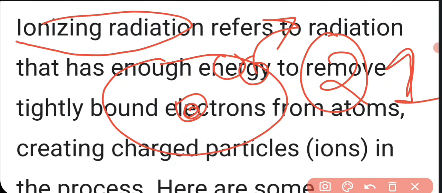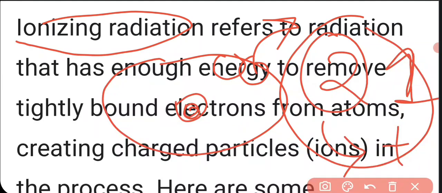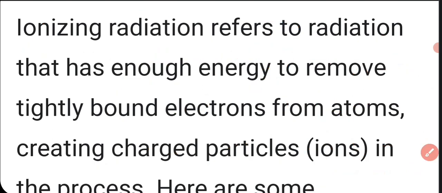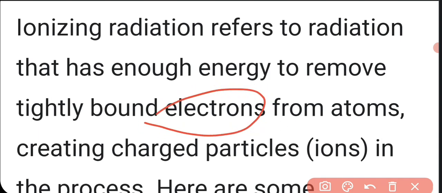So there will be a resultant positive charge, and this will become a positive ion. So ionizing radiations are those radiations which can create ions by removal of tightly bound electrons.